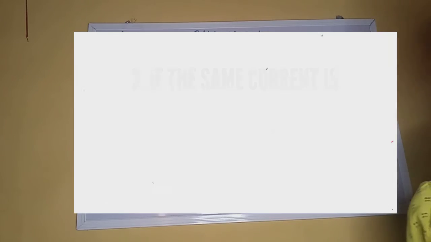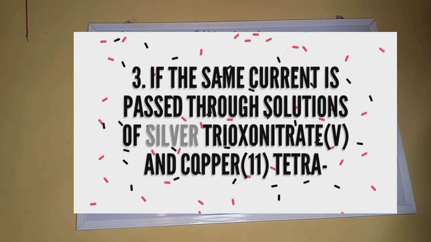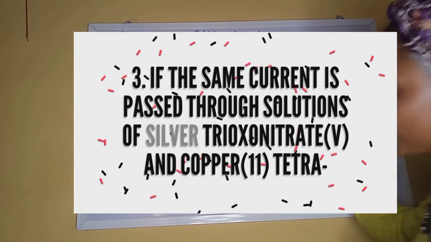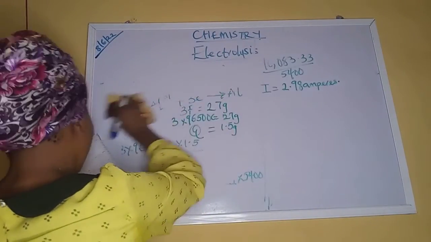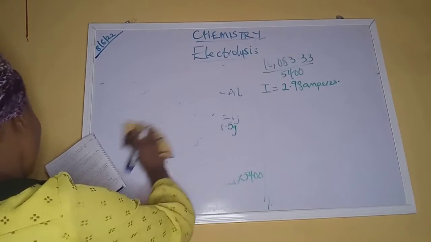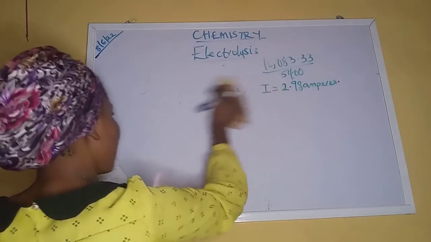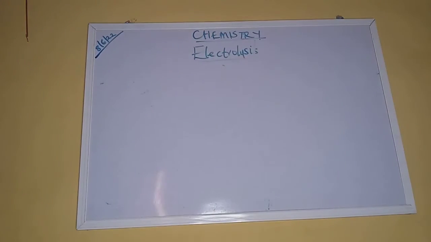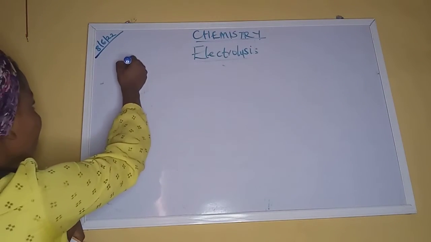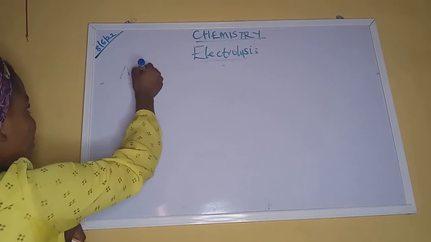Then the third question: if the same current is passed through solutions of silver trioxonitrate 5 and copper 2 tetraoxosulfate 6, how much silver will be liberated in the same time as 1.0 gram of copper? Now, we have AgNO3.